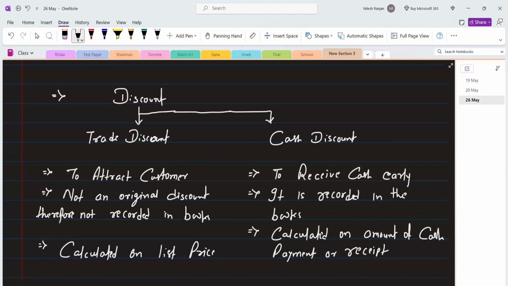So these are trade discount and cash discount. Please write this and tell me after you have completed writing.